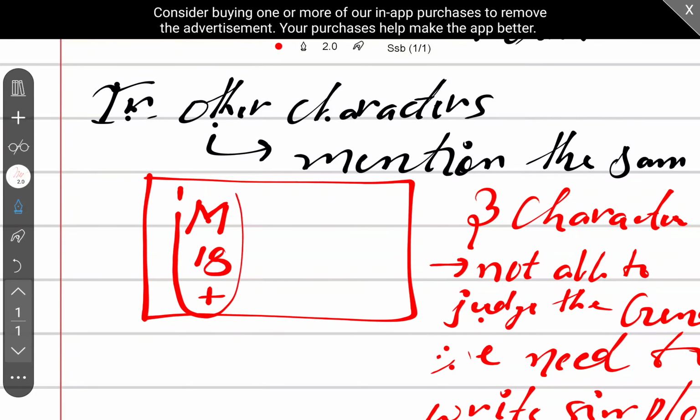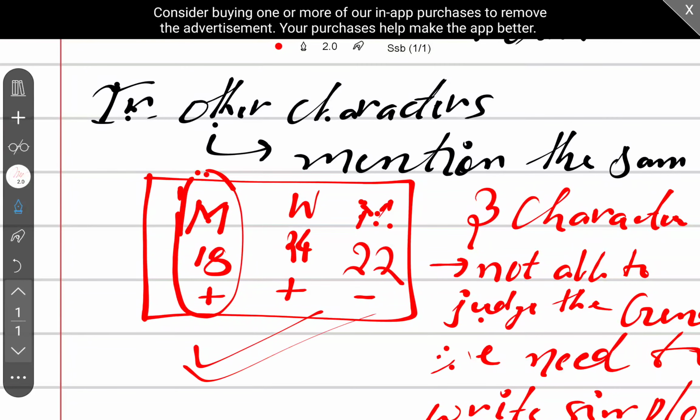Enclosing this in a circle confirms it as the main character. The other two characters can be, suppose, a female of age 24 in a positive mood, and a male of age 22 in a negative mood. But generally avoid writing the mood of a character as negative. That's the basic content you write in the box.